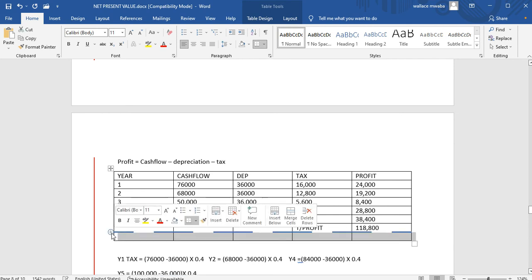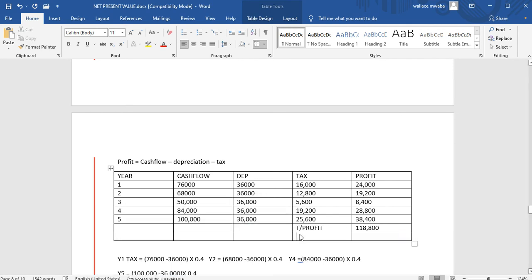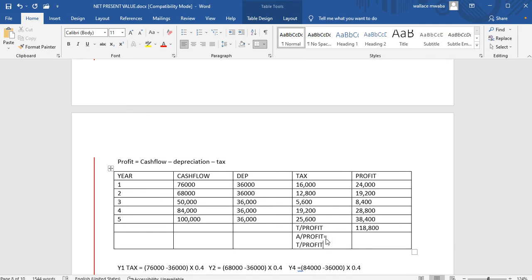Now let's get our average profit. Average profit is equal to the total profit divided by the number of years.